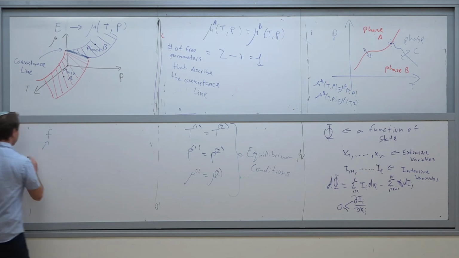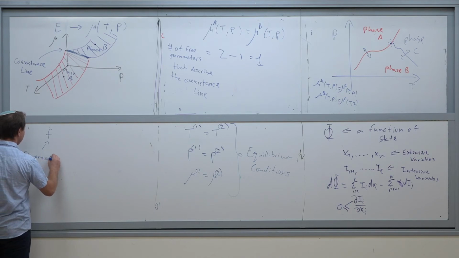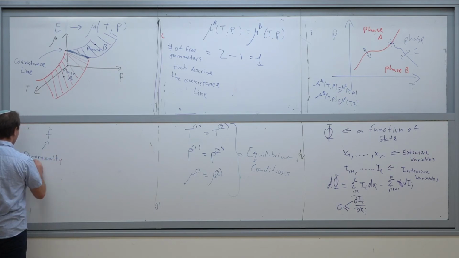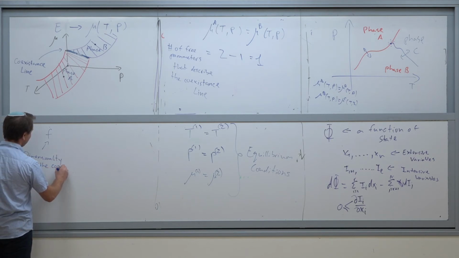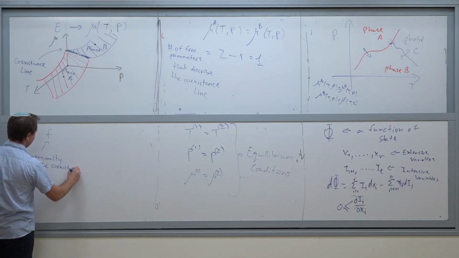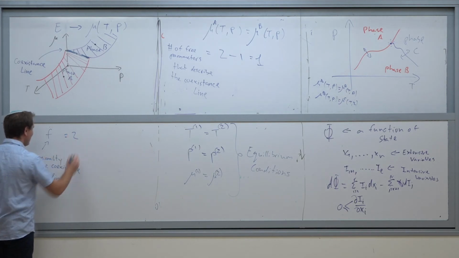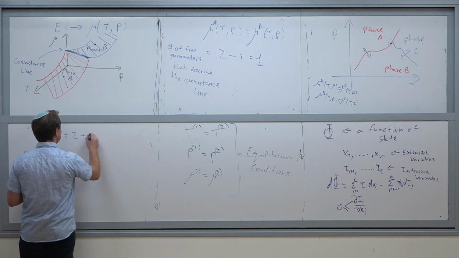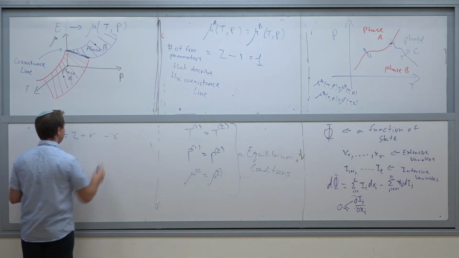F, the dimensionality of the coexistence line, equals 2 plus R minus gamma.